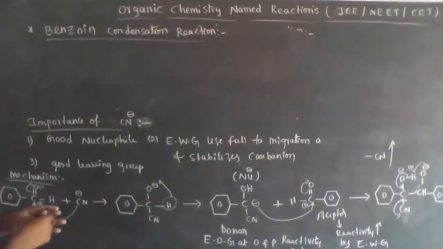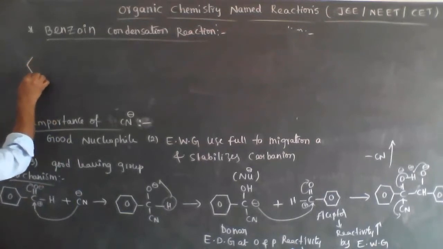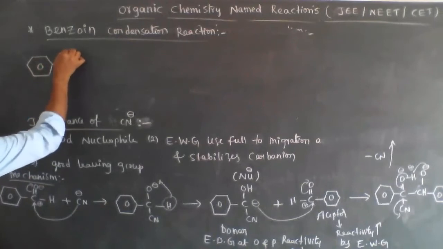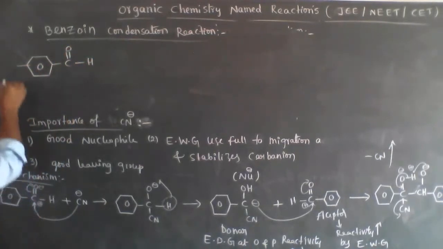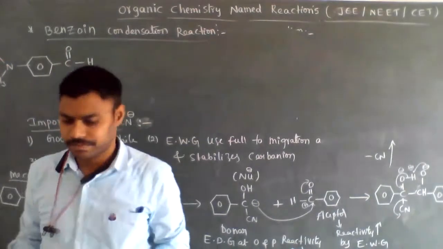Let's see which is donor and which is acceptor. We observe this; the application is very, very important. Now, this benzaldehyde has a dimethylamine substituent at the para position.